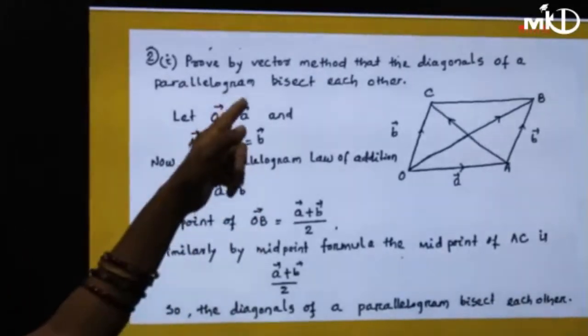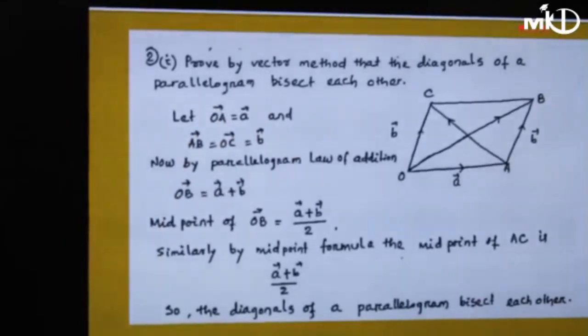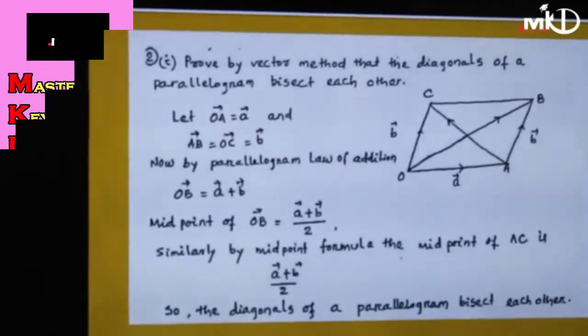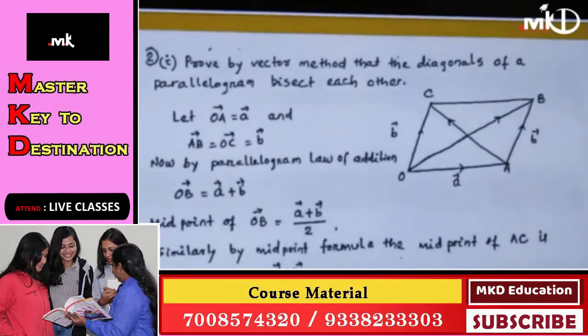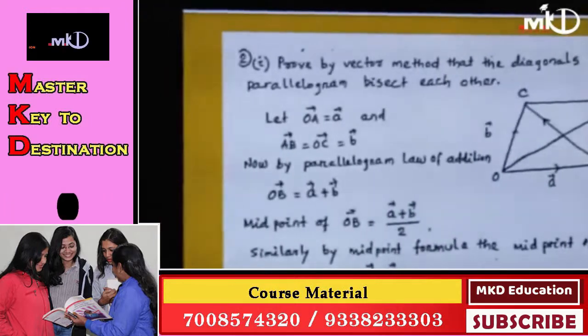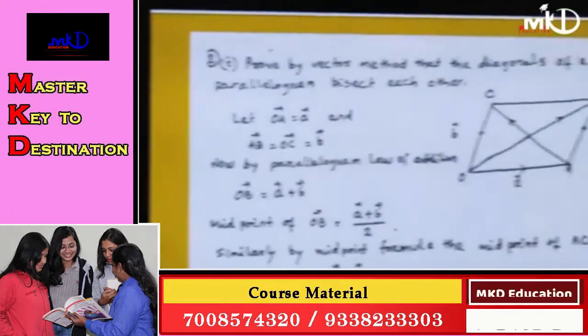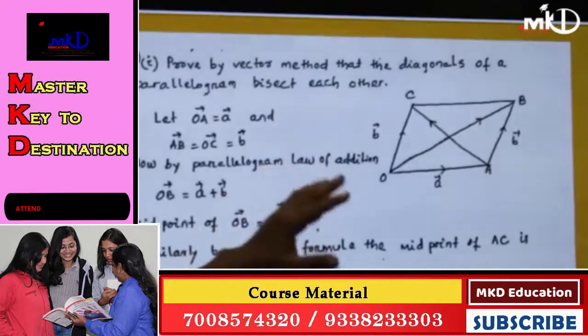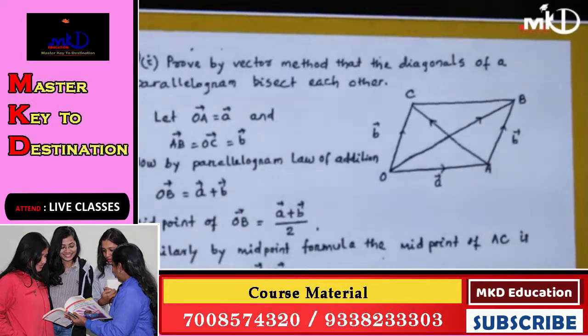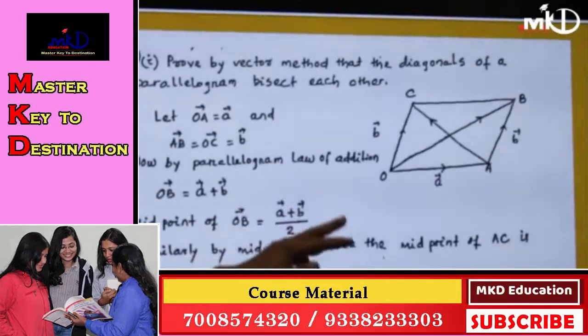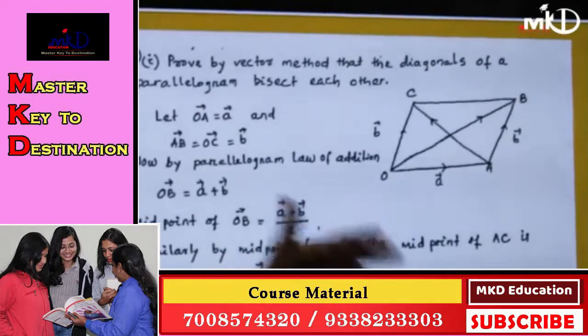The second question: prove by vector method that the diagonals of a parallelogram bisect each other. In the previous section you proved this theorem analytically.